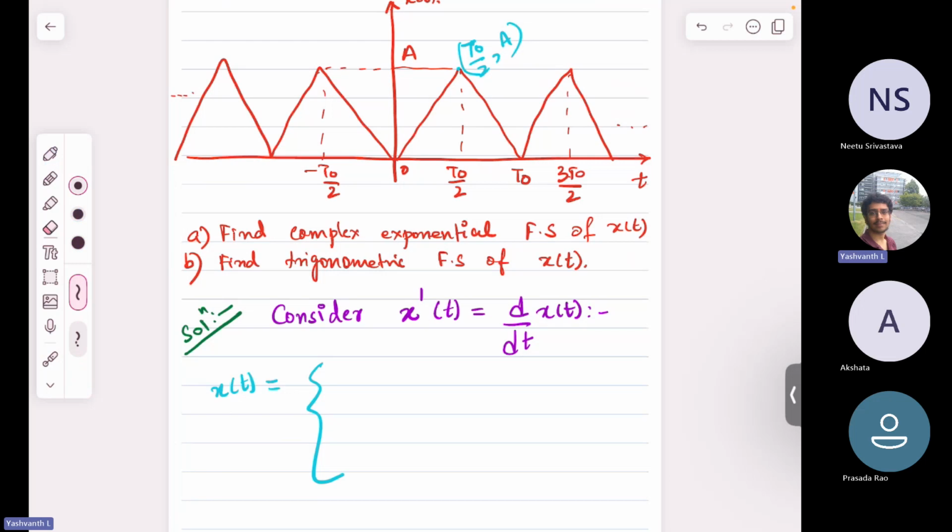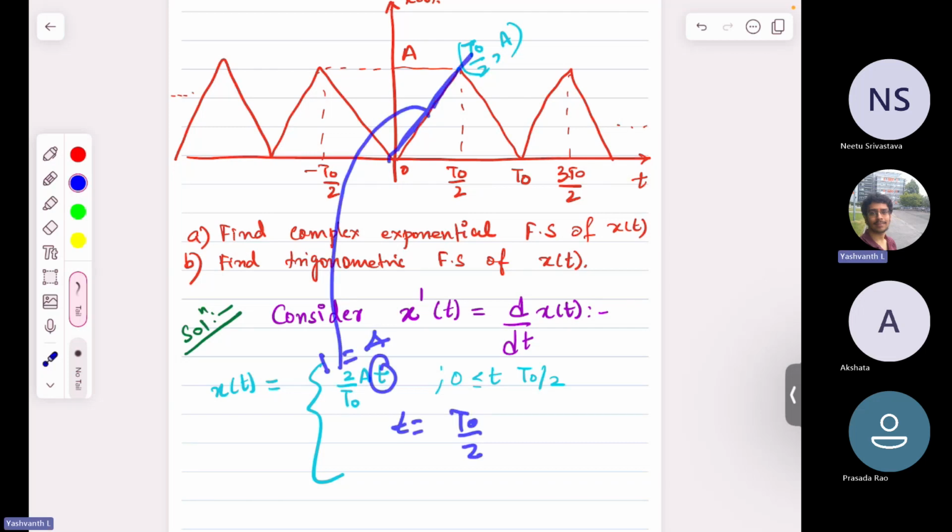So x of t is nothing but 2 by t naught times a times t, for t between 0 and t naught by 2. Is this clear? For example, if I substitute small t equal to t naught by 2, I get a. So this line equation is 2 by t naught into a into t. Correct or not?